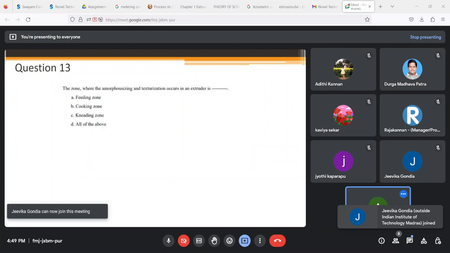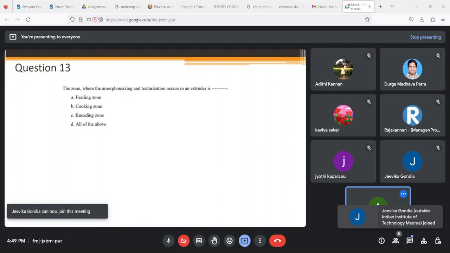Okay. Moving to question 13. The zone where the amorphizing and the texturization occurs in an extruder is, you have A, feeding zone, B, cooking zone, C, kneading zone, and D, all of the above. So we discussed what are the different zones in one of the initial slides. So there are other names for these zones as well.